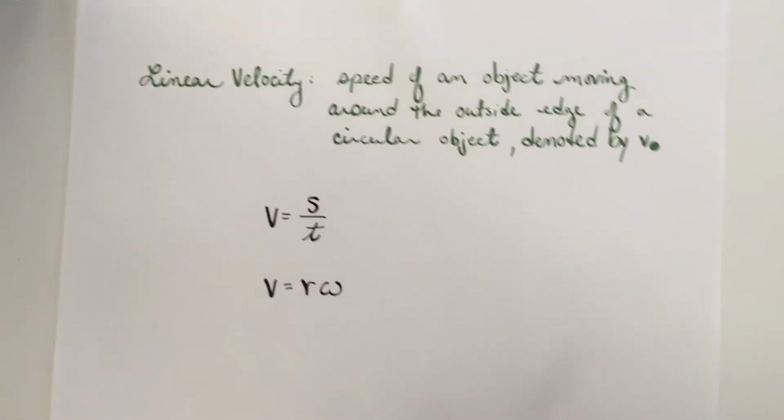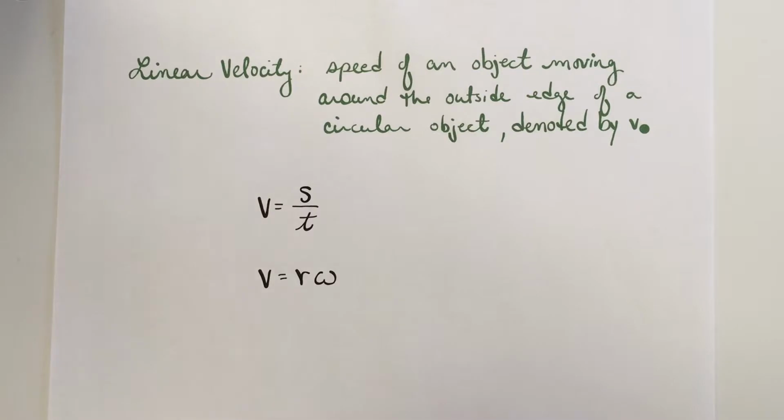Okay, so linear velocity, as I already mentioned, is what you're more accustomed to dealing with, and that's the speed of an object moving around the outside edge of the circular object. That's what I was referencing about the person on the Ferris wheel moving around the edge.